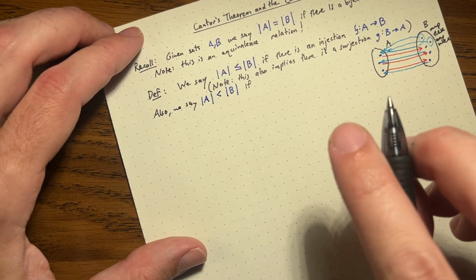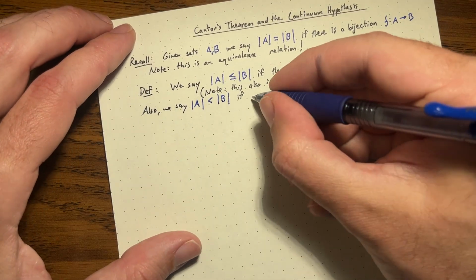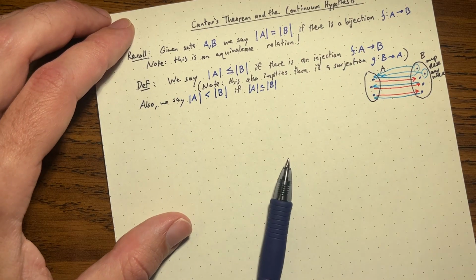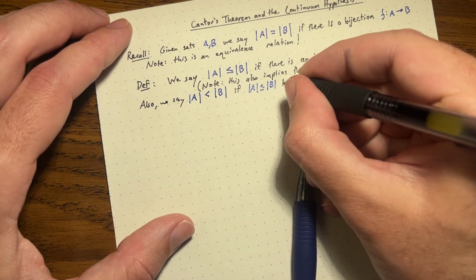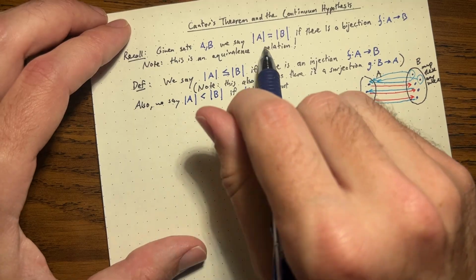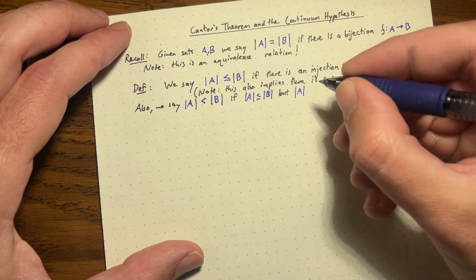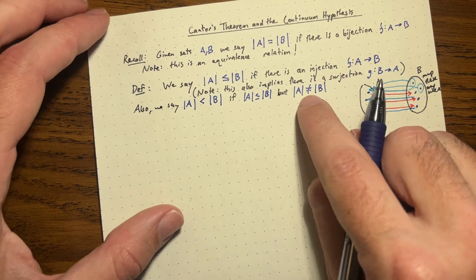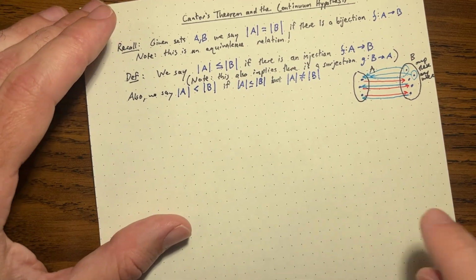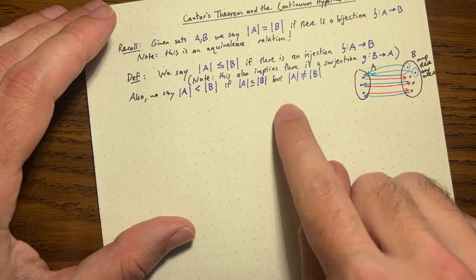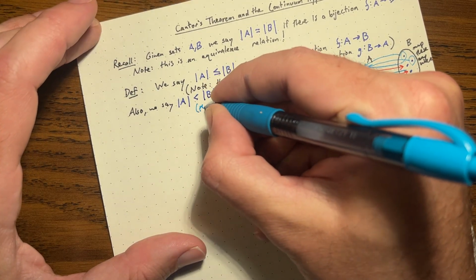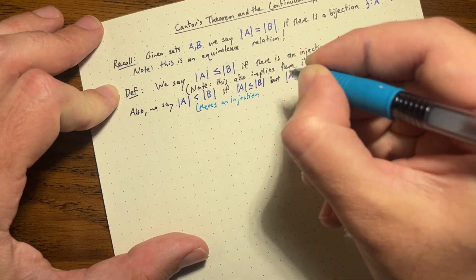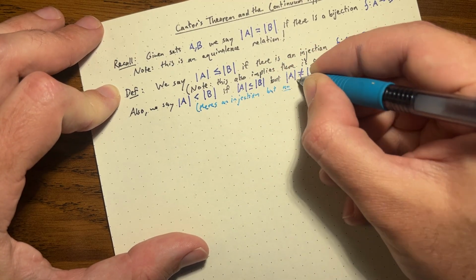In other words, A is less than or equal to B, but it's not true that the cardinality of A is equal to that of B. Technically, I didn't define what this means, but it just means the negation of this. In other words, there's an injection, but no bijection.